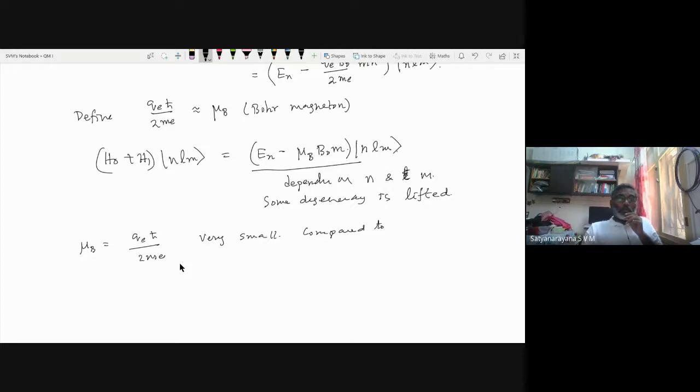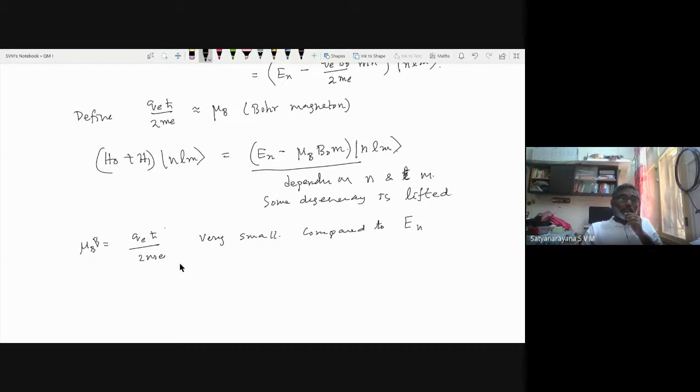Compared to these energies, compared to energies corresponding to En. Of course, I should not compare with En. That is mu b into b naught.